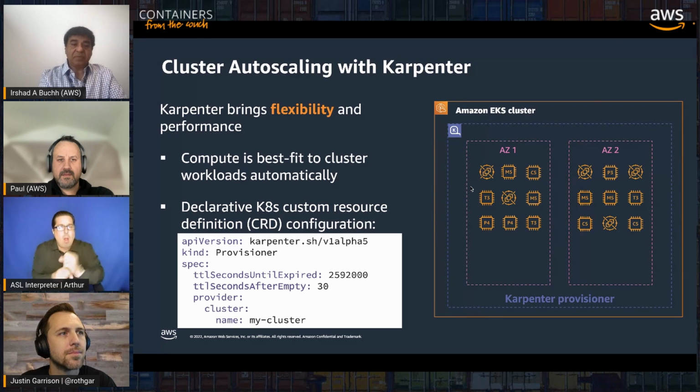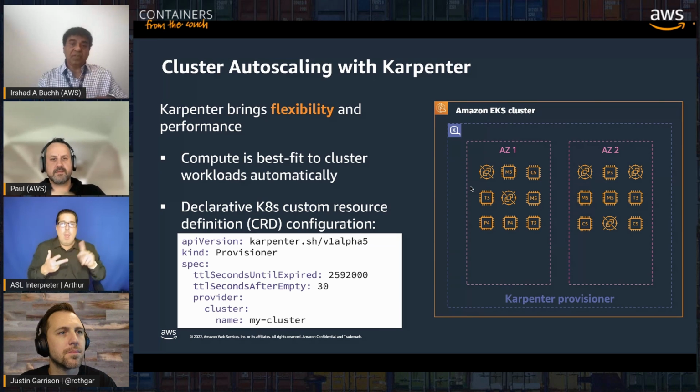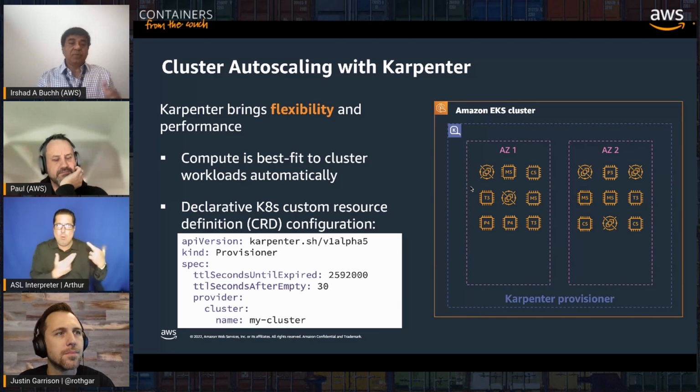Now, this is declarative, meaning a lot of that complexity is taken away from the infrastructure teams, from the developers. They need to write this provisioner, deploy the provisioner, and then Karpenter takes the responsibility of managing and making the optimized compute available for your workloads.